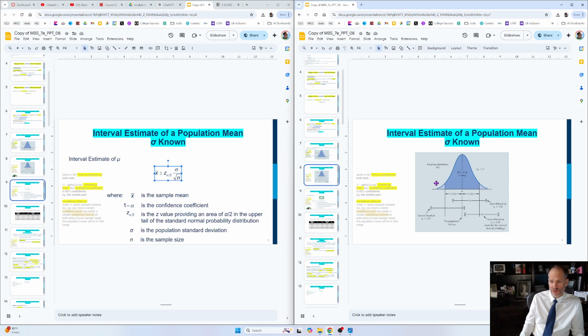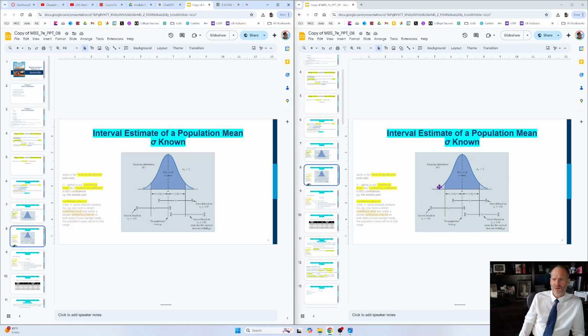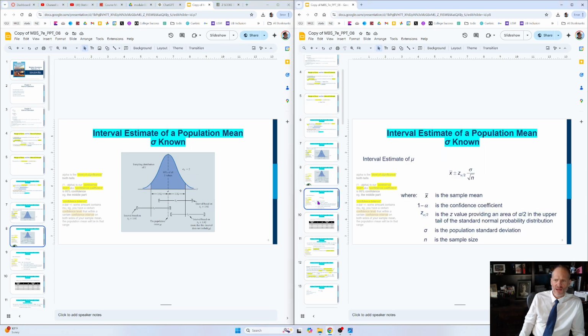So alpha over 2, because these two tails are our alpha, which is our level of significance. If this is 95%, then 5% is between these two tails, so 2.5% here and 2.5% there, which is why this is described as alpha over 2, or z subscript alpha over 2.